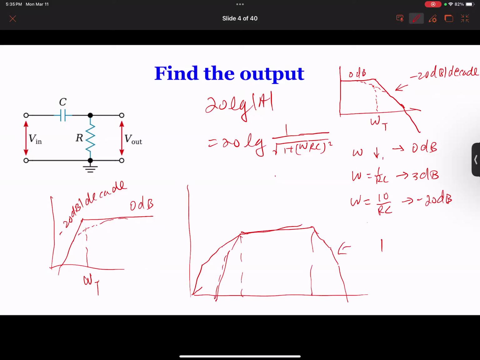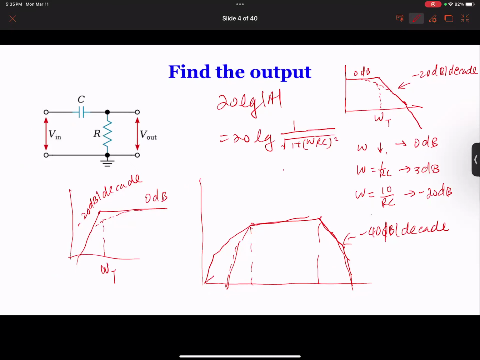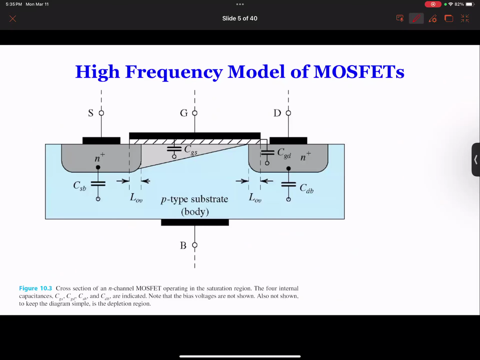This can be more than 20 dB, maybe minus 40 dB per decade. So usually for stability, they have this: minus 20, minus 40, minus 60, minus 80. The more it attenuates, the better for your circuit. So that's much of the basic review of our low pass and high pass and so on with capacitors.